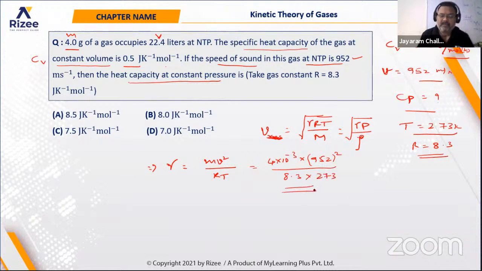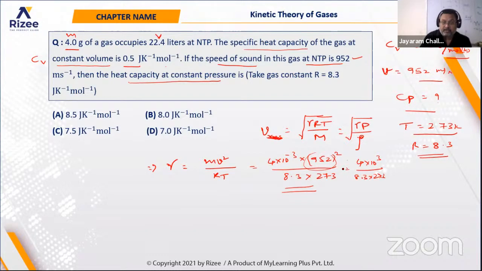This is the one we need to solve. The numerator is almost tending towards 1000, so 10 power 6 here and 10 power minus 3, leaving 10 power 3000 by 8.3 into 273.